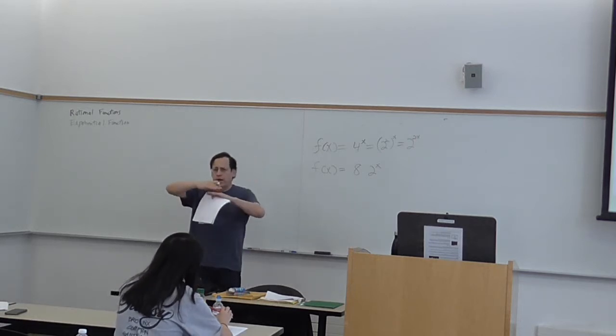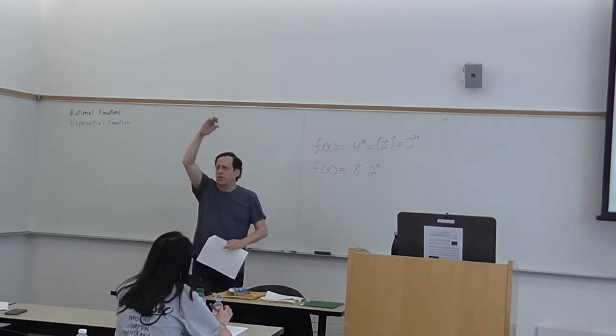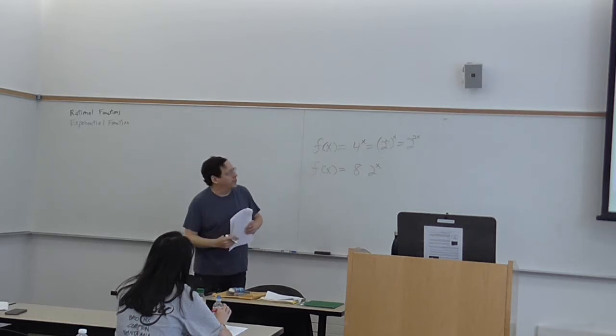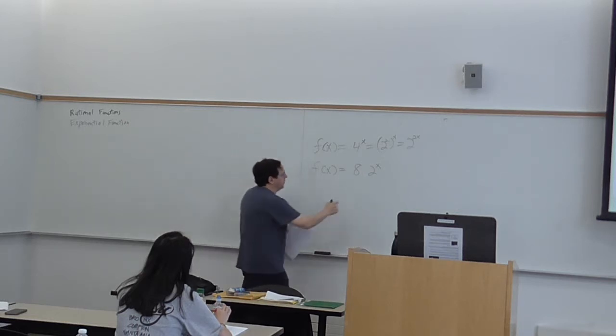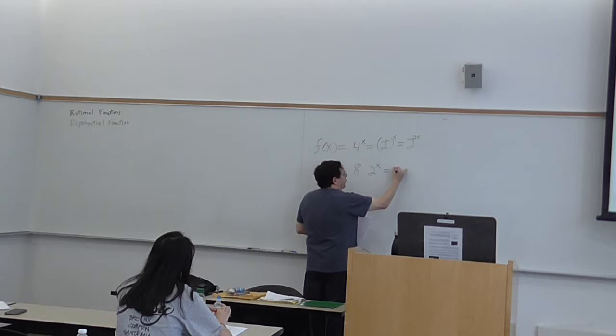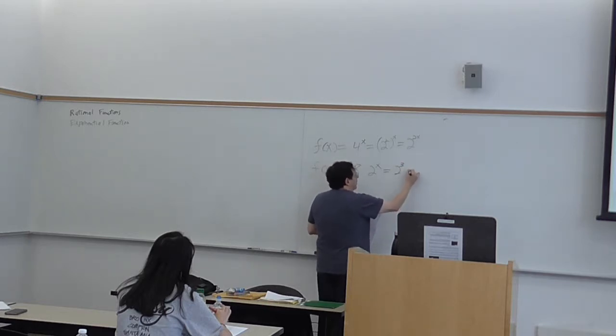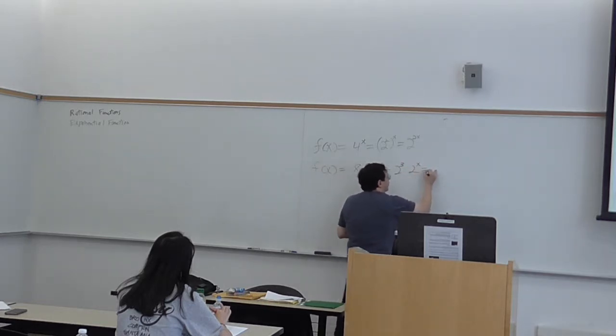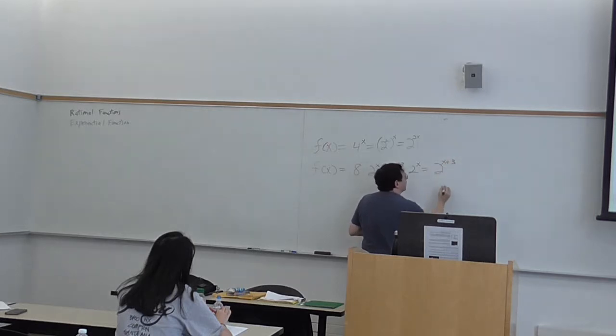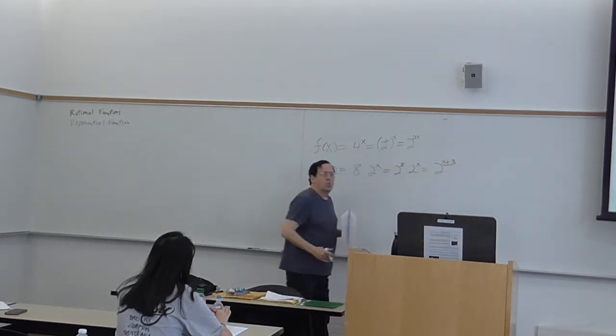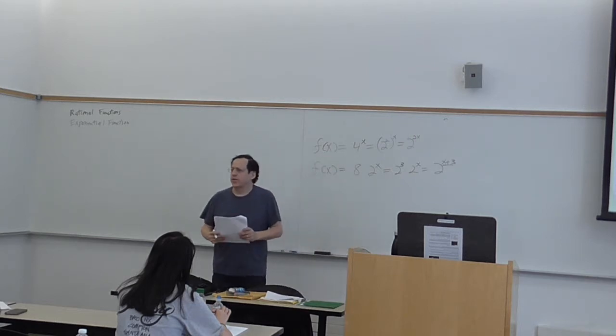On one hand, we know that's going to stretch the function in the y-axis. But take a look. This is just 2 cubed times 2 to the x, which is 2 to the x plus 3. Well, what kind of transformation is that when I just add a value to the x component?